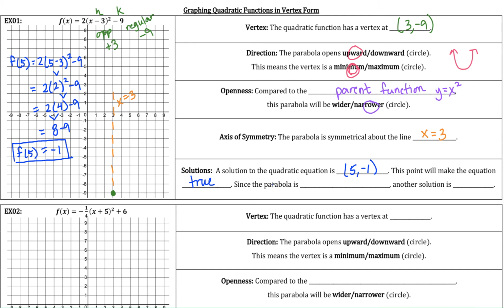Since the parabola is symmetrical, if we have 5, negative 1, then I go 2 across, and there's another point at 1, negative 1. Another solution is 1, negative 1. And then we can always sketch it in, if I can somehow do that.